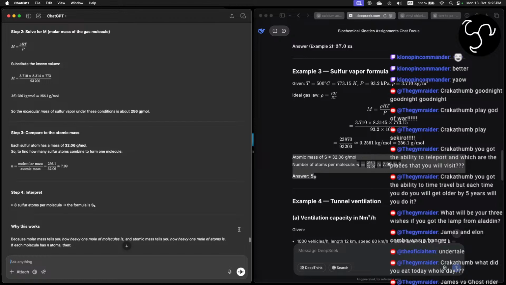Molar mass divided by atomic mass. Now, what is atomic mass? That's for one sulfur atom. Molar mass, that's the mass of the molecule.